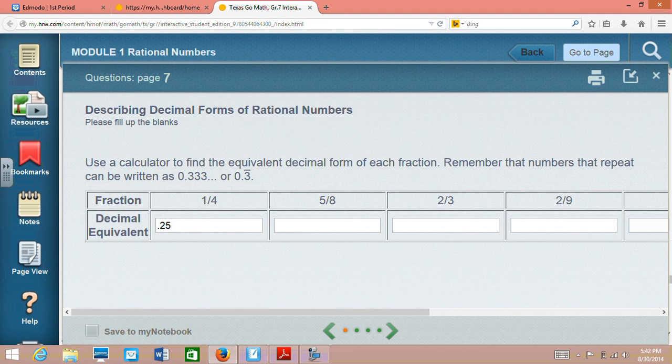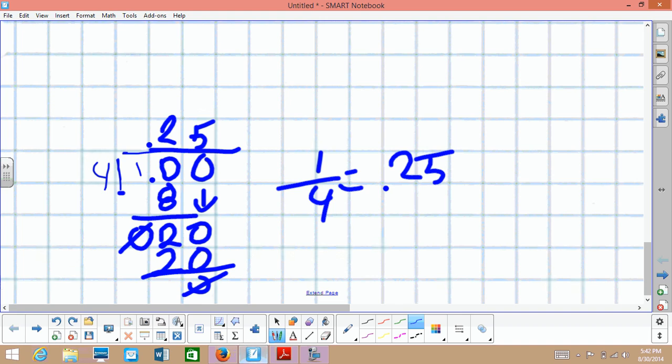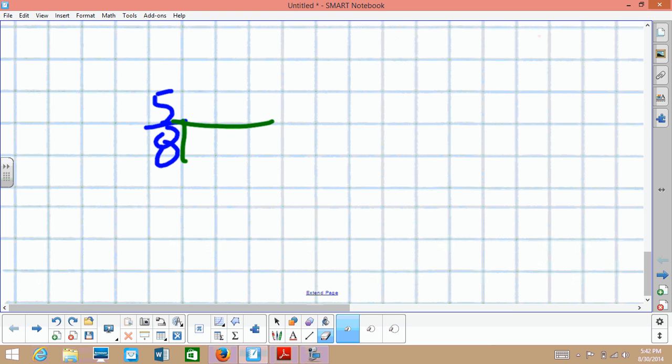Okay. The next one is 5/8. Let's try that one. We're going to do the same thing. The 5 goes away and it jumps inside. So we have 5. 8 cannot go into 5, so we put a 0.